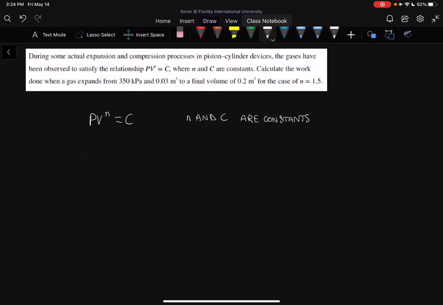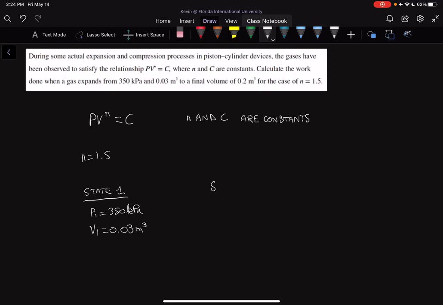So we're told that N is equal to 1.5, and we now have a state 1. So I'm going to write my states as always. State 1 is pressure 1 is equal to 350 kilopascals. Volume 1 is equal to 0.03. This is the actual volume, not a specific volume.